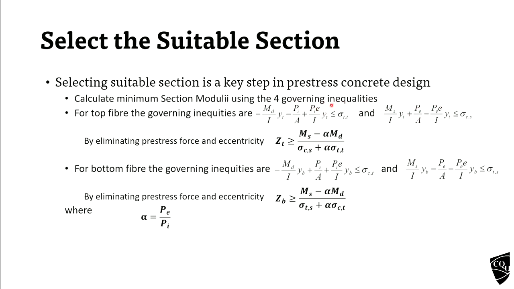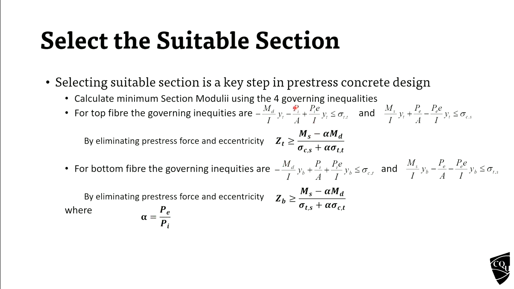If you multiply this inequality by alpha, alpha times Pi is equal to PE.